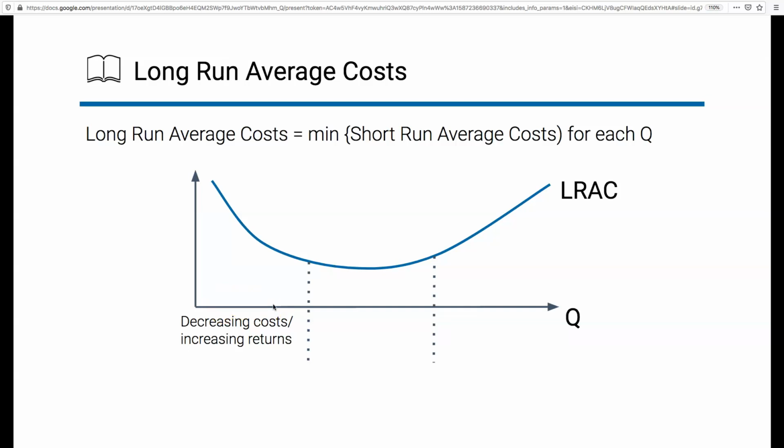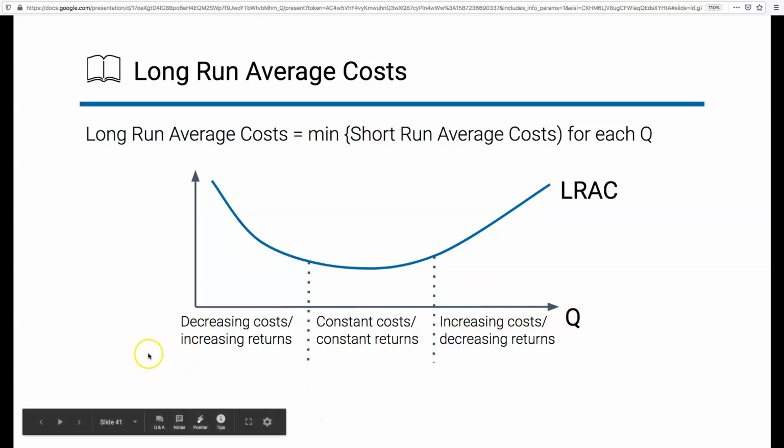So returns to scale means if you want to produce more, on a per unit basis it's going to cost less. The second region, where the costs are relatively constant, we call constant returns to scale. If you want to scale up, you'll be paying more or less the same price per unit of output. And finally, the last region with increasing costs is called decreasing returns to scale, because if you want to scale up in this last region, you'll have to pay more per unit.